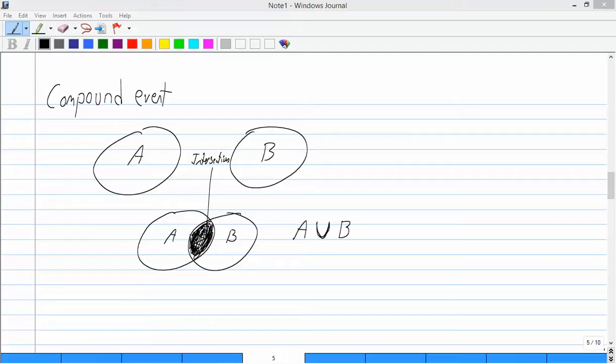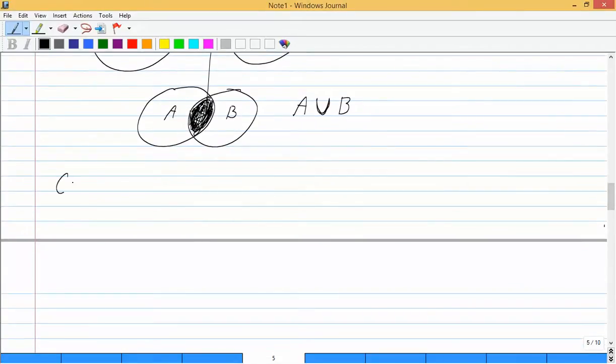Alright, the complement of an event. This is a very important concept. The complement of an event is the set of all outcomes in the sample space that do not go with whatever probability we're trying to figure out.